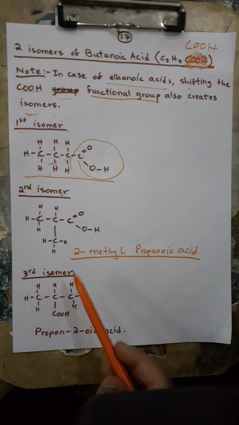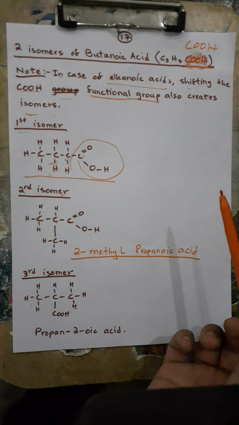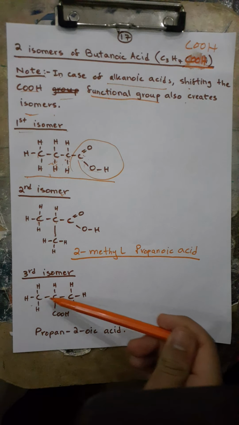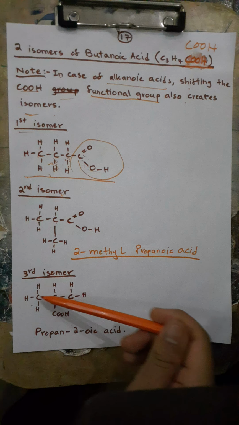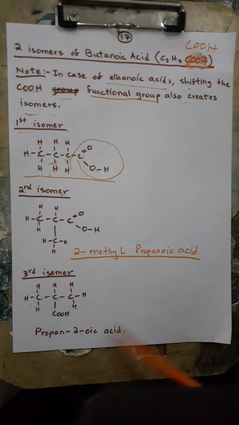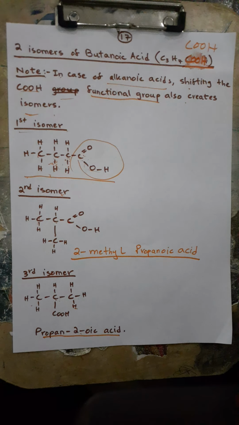Its name would be, now we are gonna name between propan and oic. The number would be 1 2 3, 2 from here, 1 2 3, 2 from here. So propan-2-oic acid, this is its name.